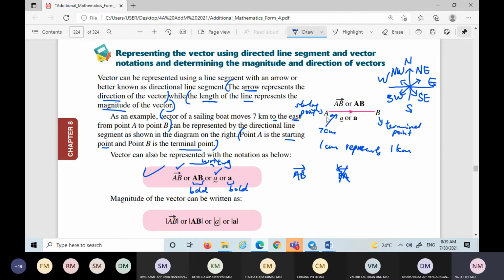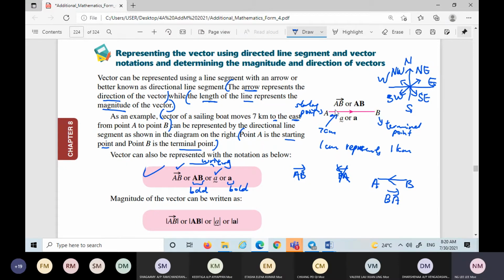If A is the starting point and B is the terminal point, you write AB. If it is the other way around, B is the starting point and A is the terminal point, then you write BA, B to A. So be careful. The first letter is the starting point, and the second letter is the terminal point.